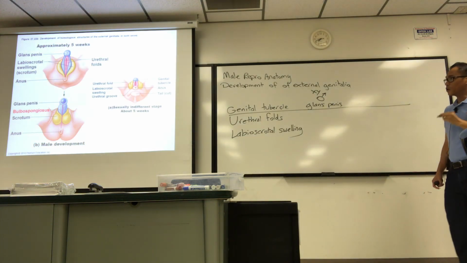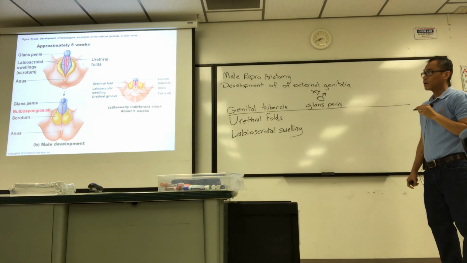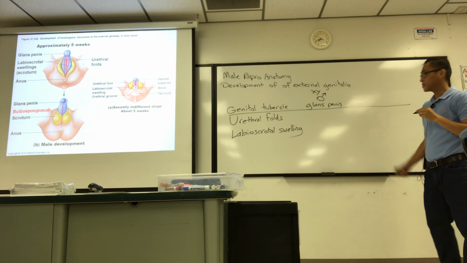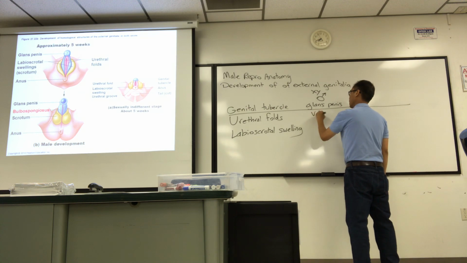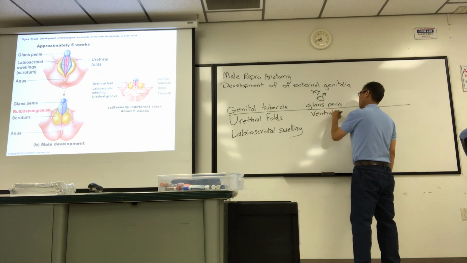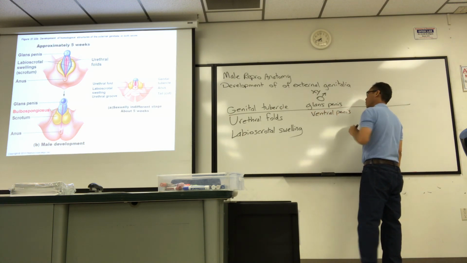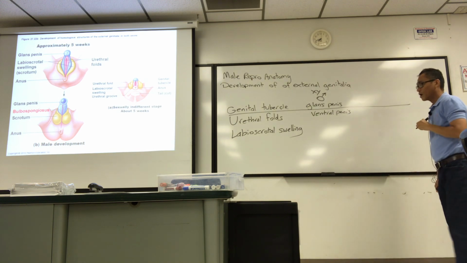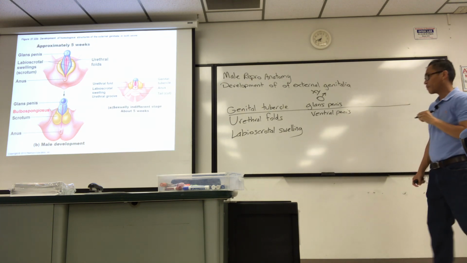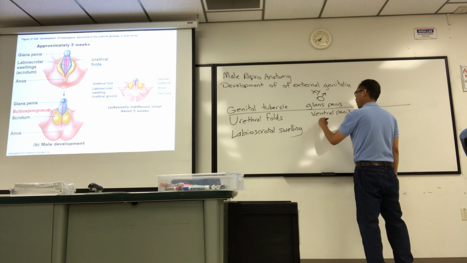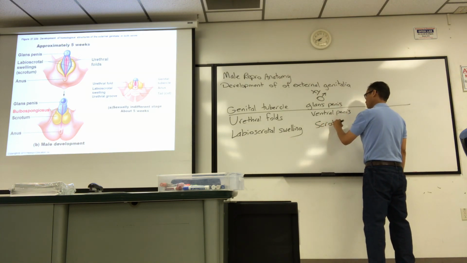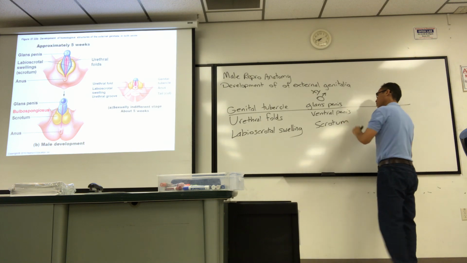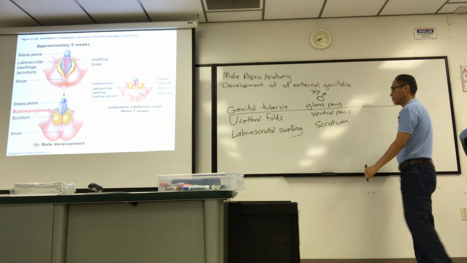It shows that the urethral folds fuse and form the ventral penis. And then you have the scrotum that forms from the labial scrotal swelling. This is a little outpouching for the gonads, which will descend.